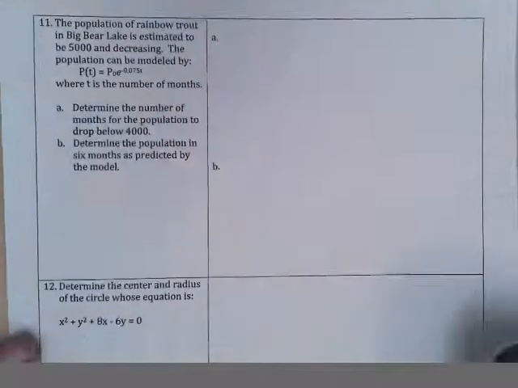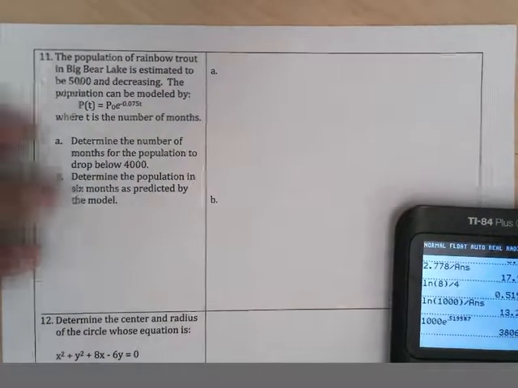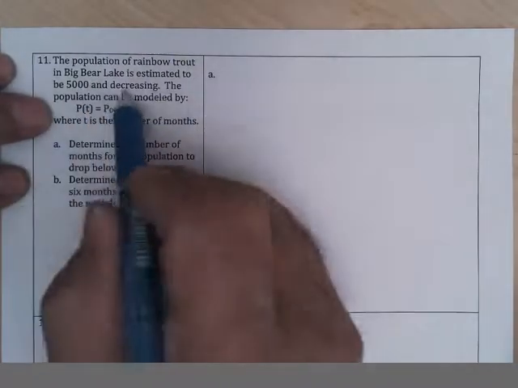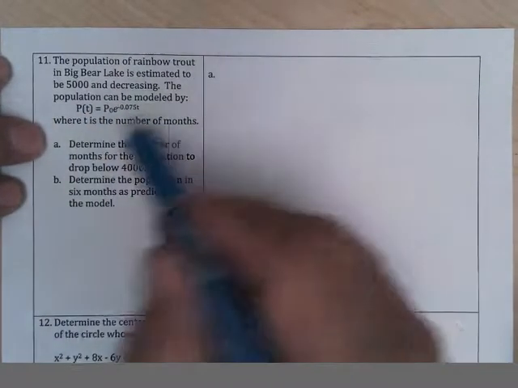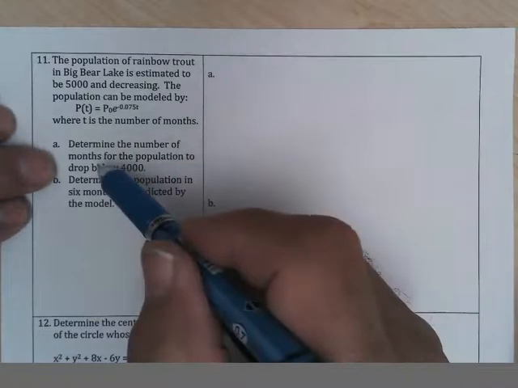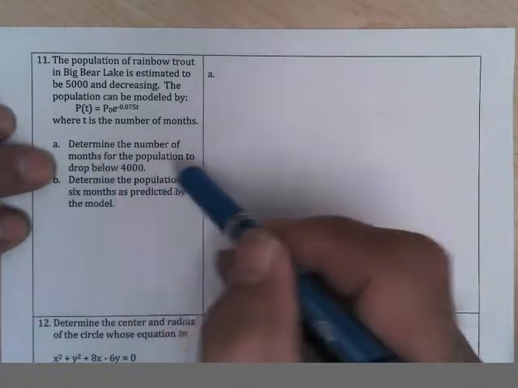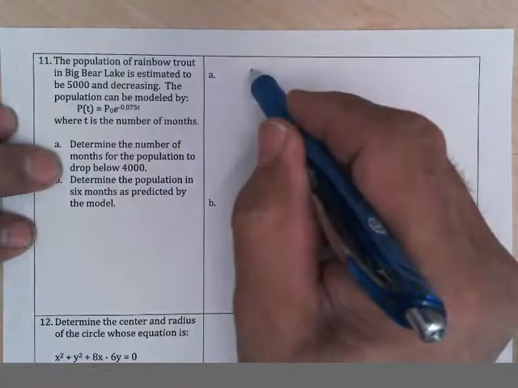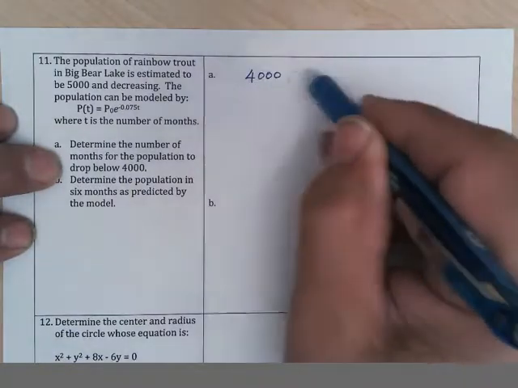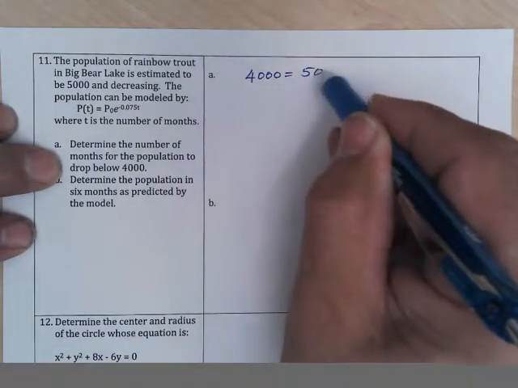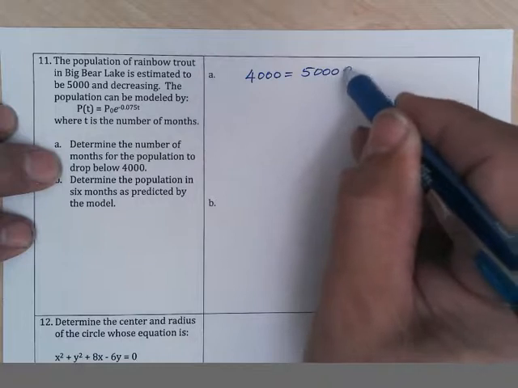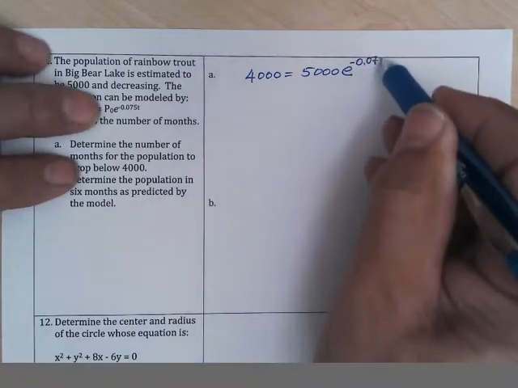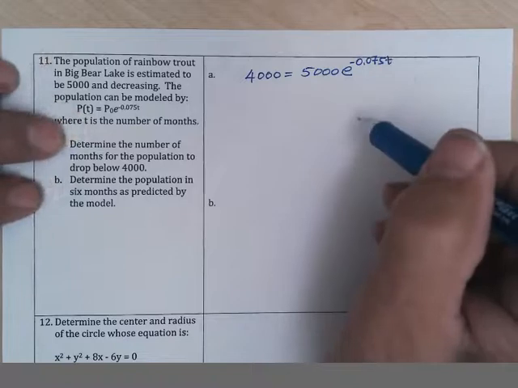All right. The population of rainbow trout in Bear Lake is 5,000 and decreasing. Determine the number of months for the population to drop below 4,000. So 4,000 equals 5,000 e to the negative 0.075t.